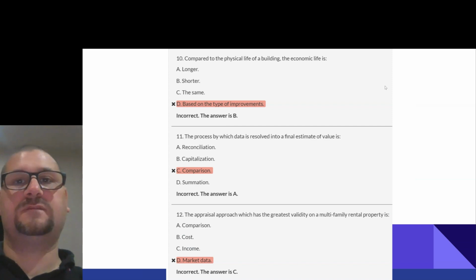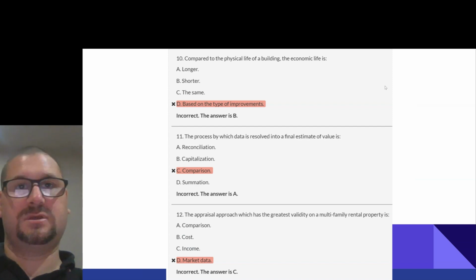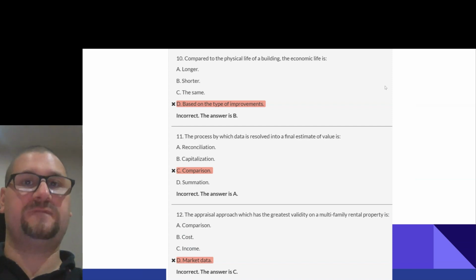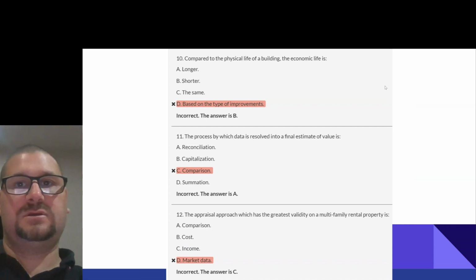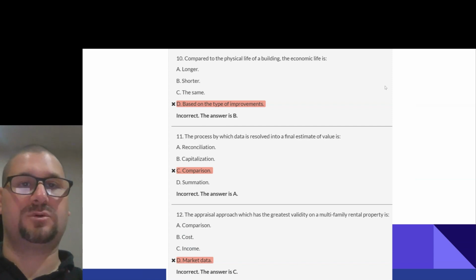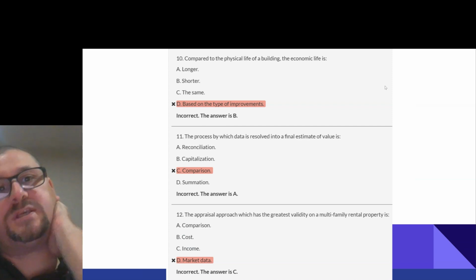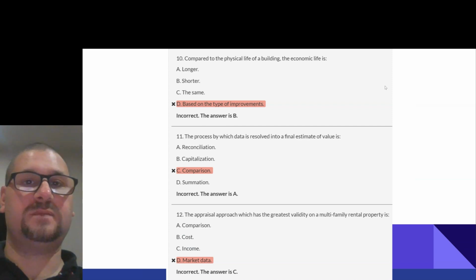Compared to the physical life of a building, the economic life is what? Shorter. So is it longer? No. The same? No. Based on the same type of improvement?